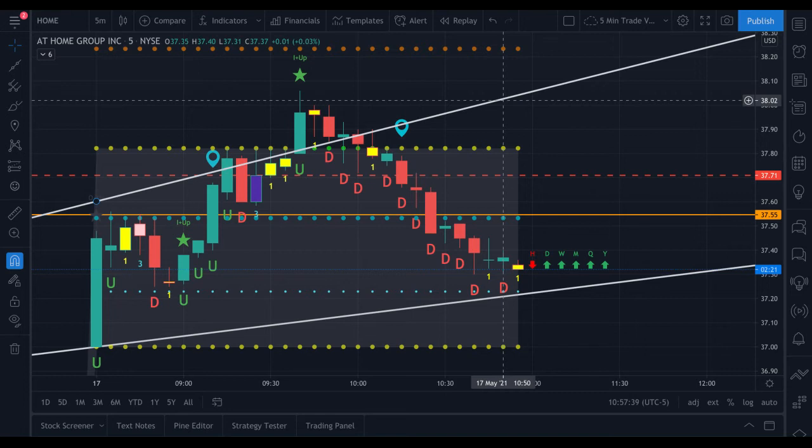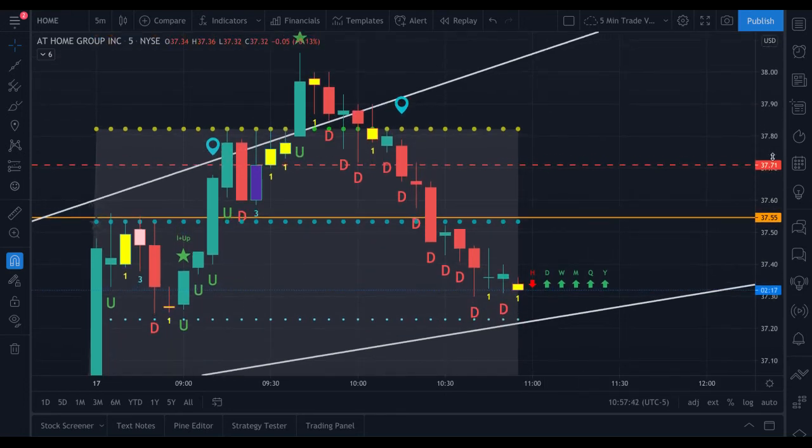I drew these broadening formations on the 4-hour, and you can see here we're watching live. It is returning to an area of support here, according to the broadening formations, and could potentially go higher to this area of resistance. This particular line represents resistance for this trade, and this line down here represents support. So it does have the chance to go back up.